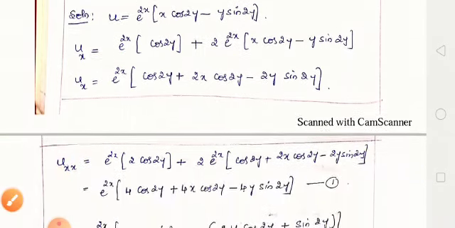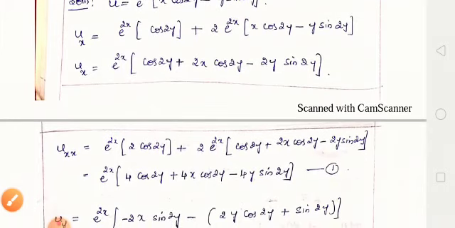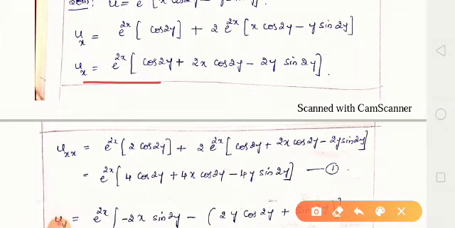Now we want u xx. For that, differentiate u x partially with respect to x again by keeping y as constant. So again here we have to apply the product rule. First function into derivative of cos 2y with respect to x is 0. Derivative of 2x into cos 2y with respect to x is 2 into 1 into cos 2y.